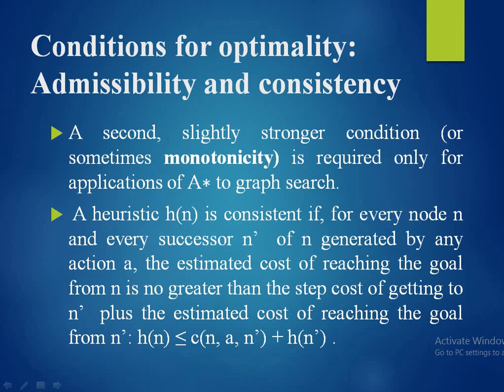A heuristic h of n is consistent if for every node n and every successor n dash of n generated by any action a, the estimated cost of reaching the goal from n is no longer than the step cost of getting to n dash plus the estimated cost of reaching the goal from n dash.